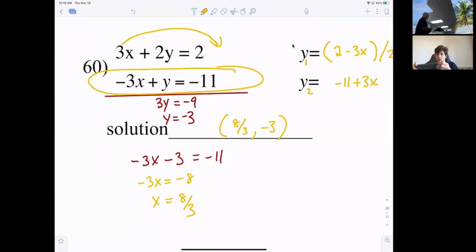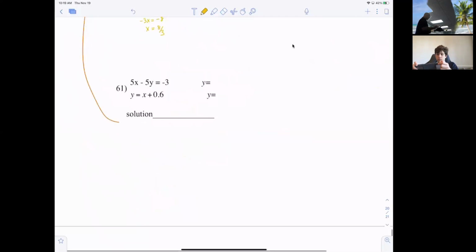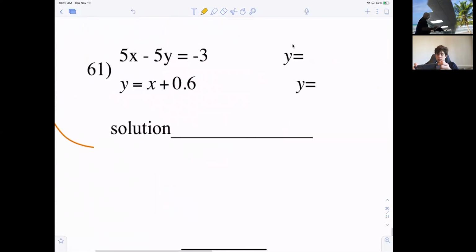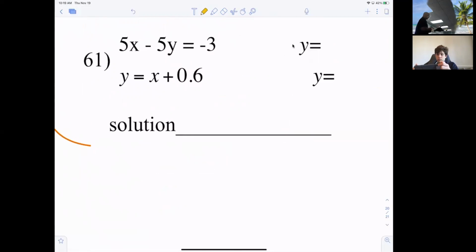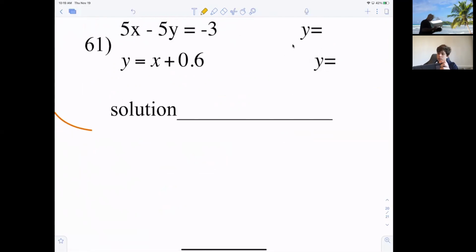Any issues? All right, let's check out 61. Now again, this one's set up as a what? Substitution. So here we go. 5x minus 5 times x plus 0.6 equals -3.